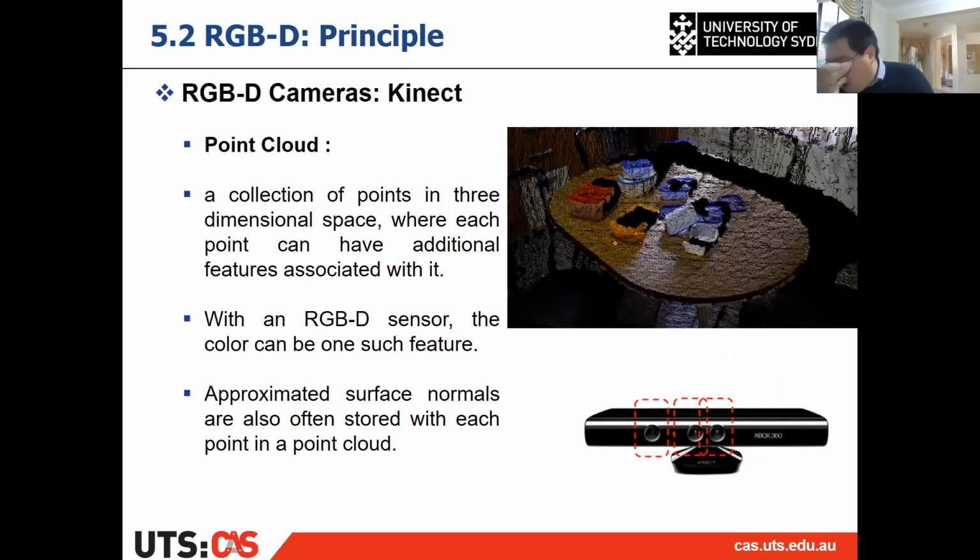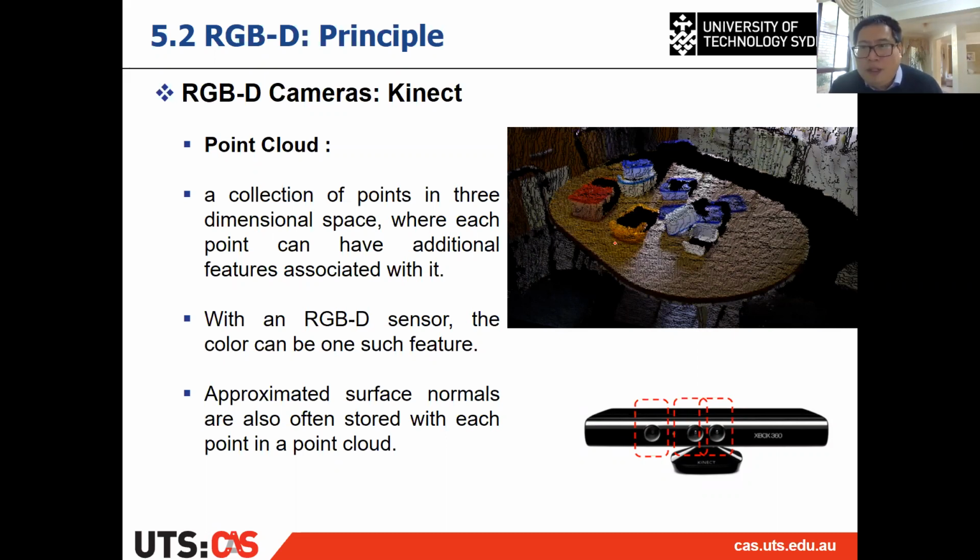And we also introduced that for RGBD cameras, what we commonly use to manage the data is the point cloud. Because each pixel has a depth, it can be easily converted into a 3D point in the camera coordinate frame.